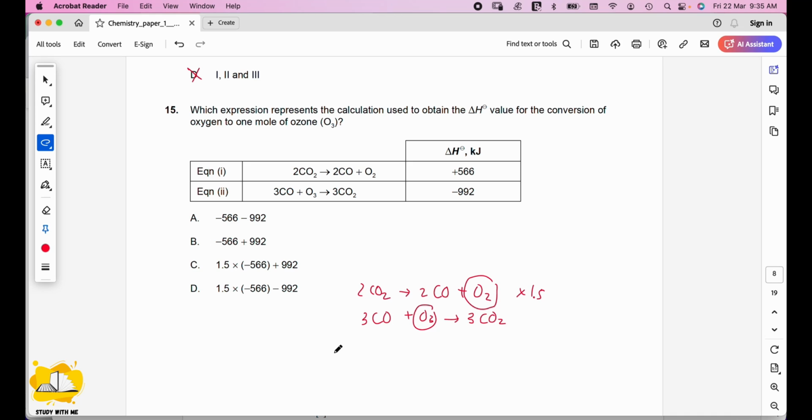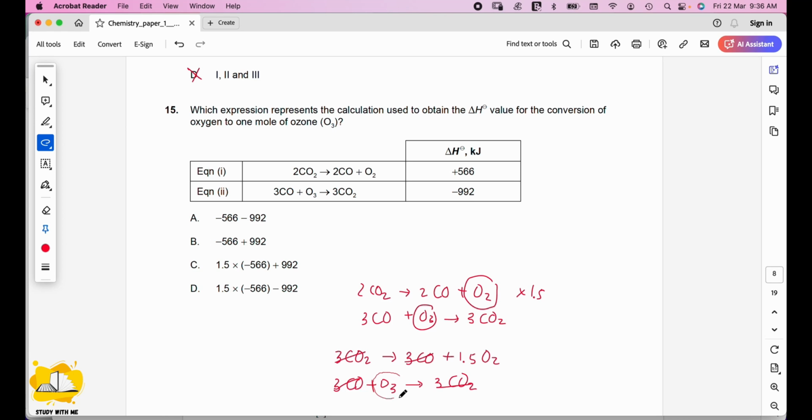So let me write the equation back. That would be 3CO2 becoming 3CO and 1.5 O2. And this one will stay the same. All right, so now the numbers are the same, so we can eliminate them.